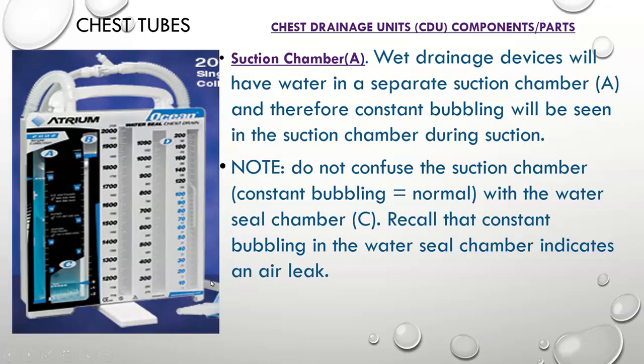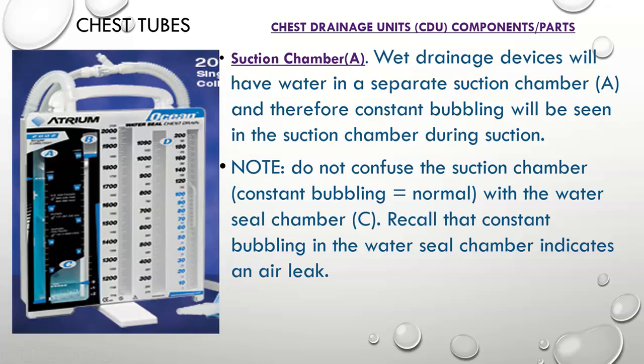Now, this is a picture of a wet suction. If you go back to the other picture, there's an additional chamber to the left. Here's your water seal. Here's the drainage. That's pretty much standard with everything. And then here is your wet suction. So you would fill up water in the suction chamber, hook it to suction, and then this suction chamber will continuously bubble.